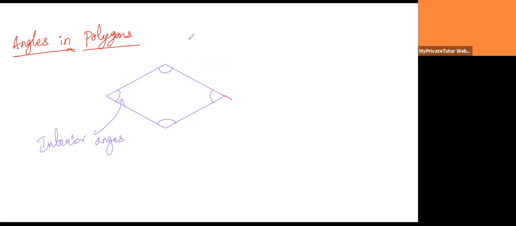Yes, sir. The angles outside the diagram. For example, if you extend the line here like this, let me draw precisely. Yeah, like this. Then this angle is there, right? Or else, you can extend any of the lines.